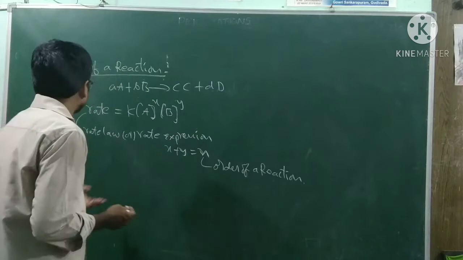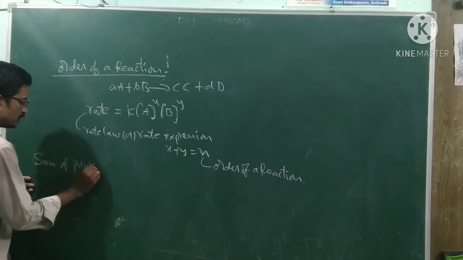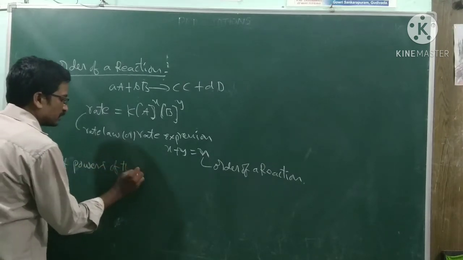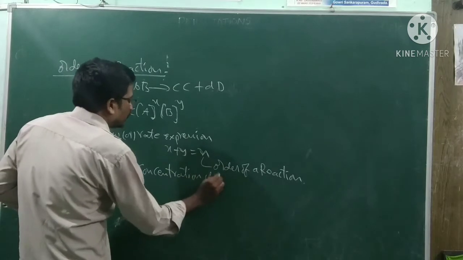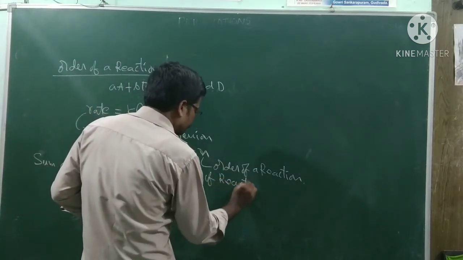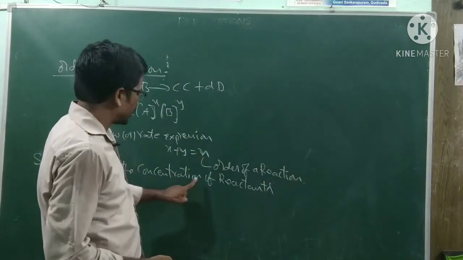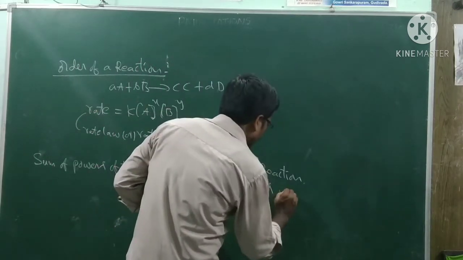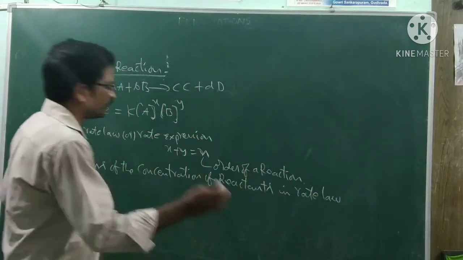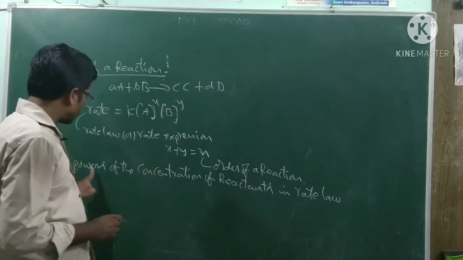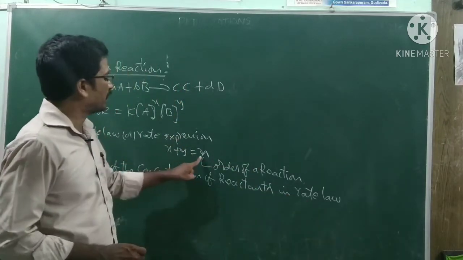Let us write it down: the sum of powers of the concentrations of reactants in the rate law is known as the order of a reaction.